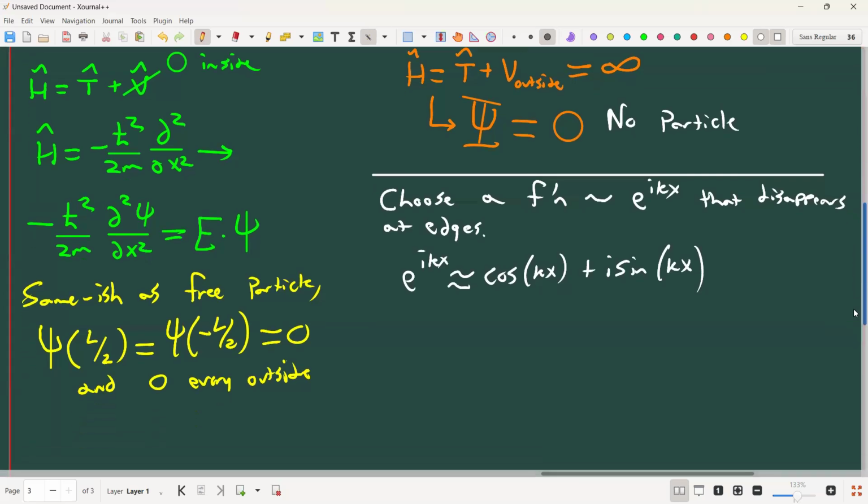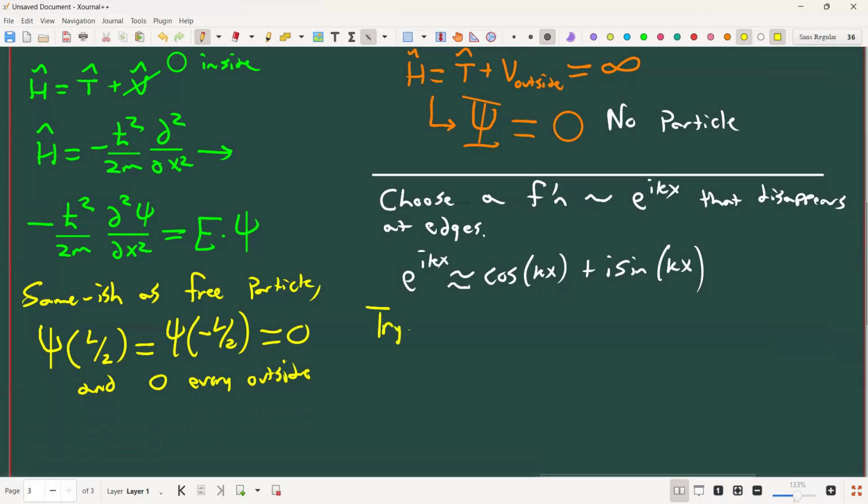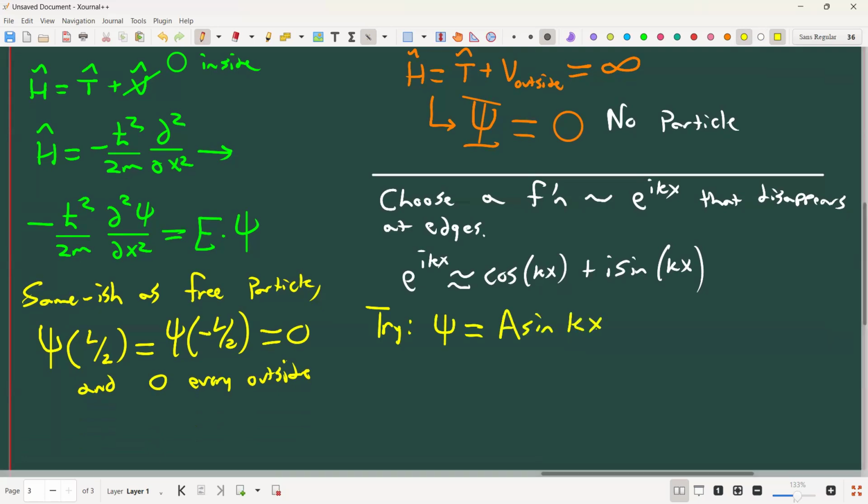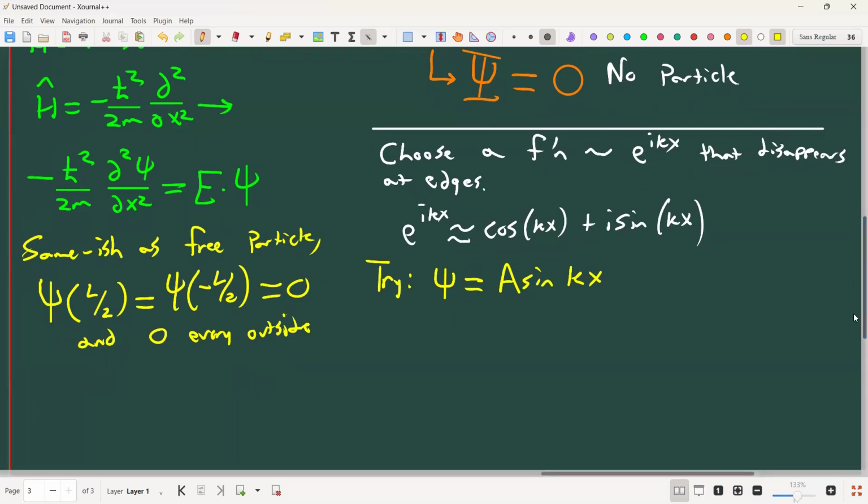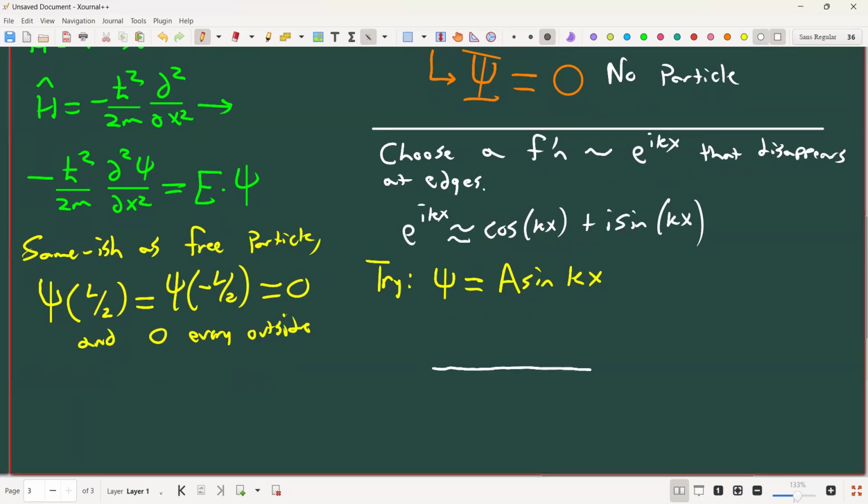Let's just make an assumption here, just try a guess: a sine kx. Okay. Well, we have a box. So let's just kind of roughly sketch what that looks like.